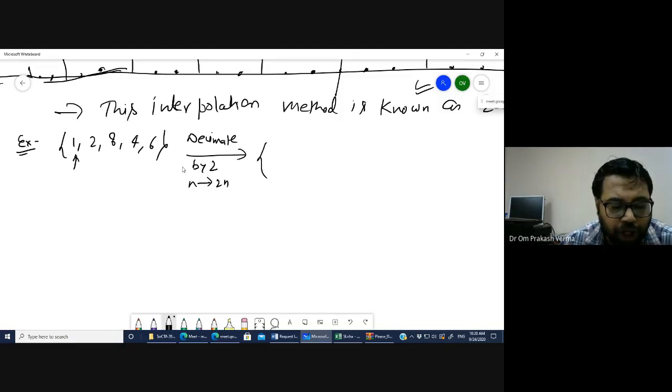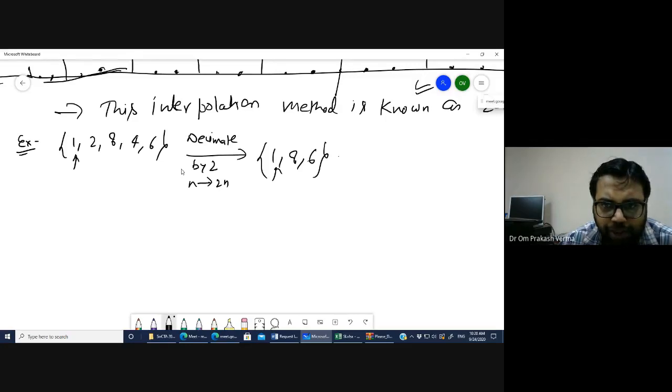So how will you do it? You just have to discard one sample in between. Leave this one, so 1 8 6 is your decimated signal.